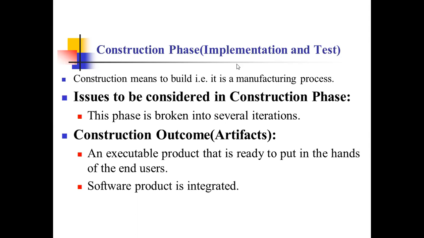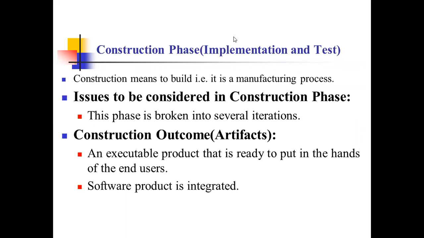Then that software product is integrated on an adequate platform. Then a user manual, that means a user manual for that particular software. That user manual consists of the instructions or the documents that we have to follow for that design. Then a description of the current release, that means our software product.